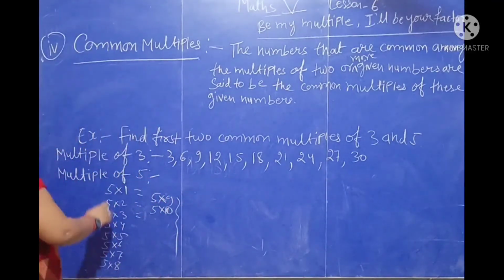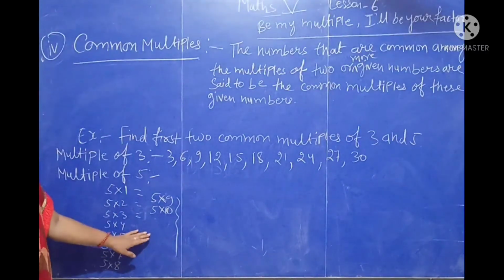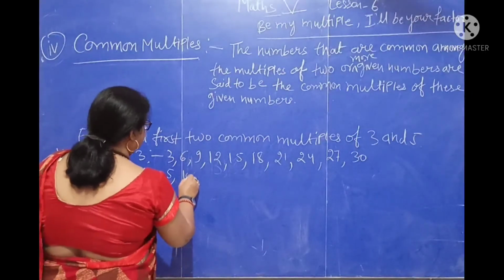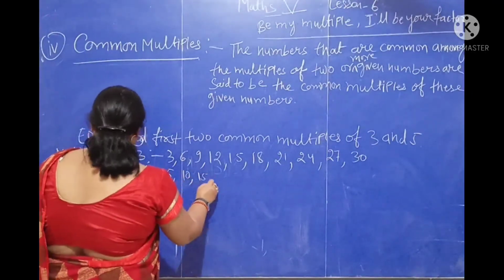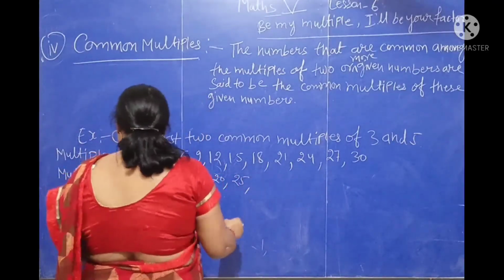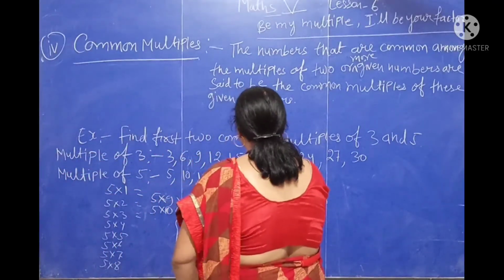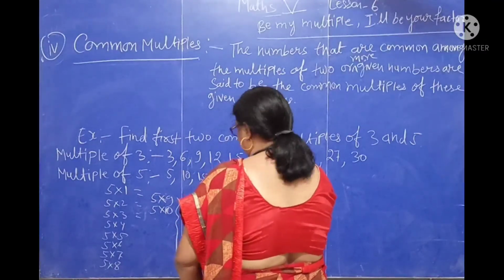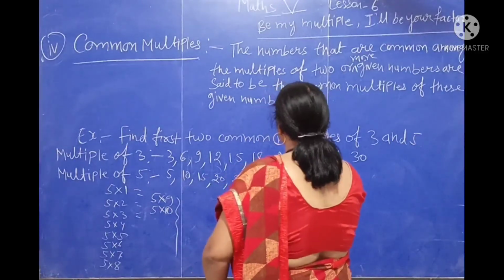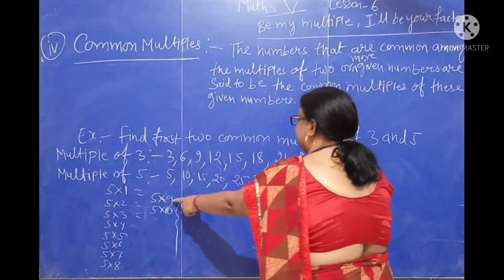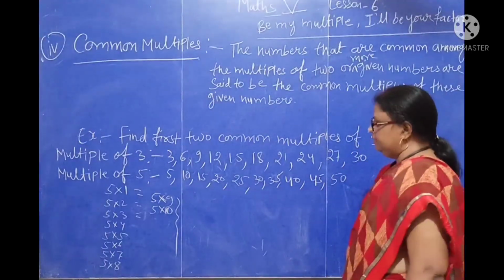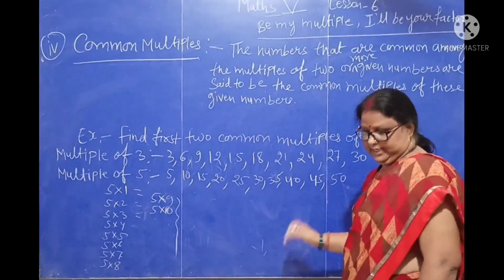So 5 1s are 5, 5 2s are 10, 5 3s are 15, 5 4s are 20, 5 5s are 25, 5 6s are 30, 5 7s are 35, 5 8s are 40, 5 9s are 45, and 5 10s are 50. Here are the multiples of 5 up to 10 times.